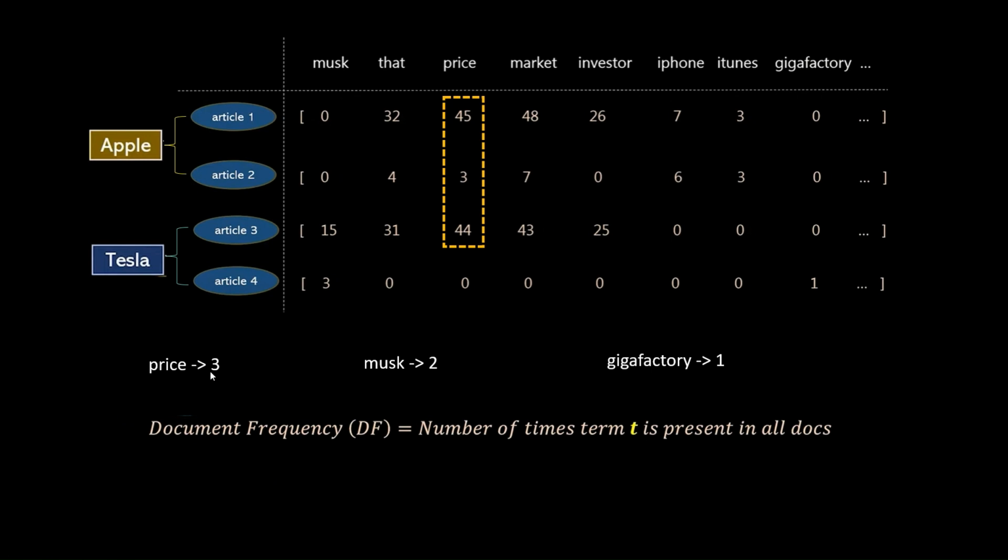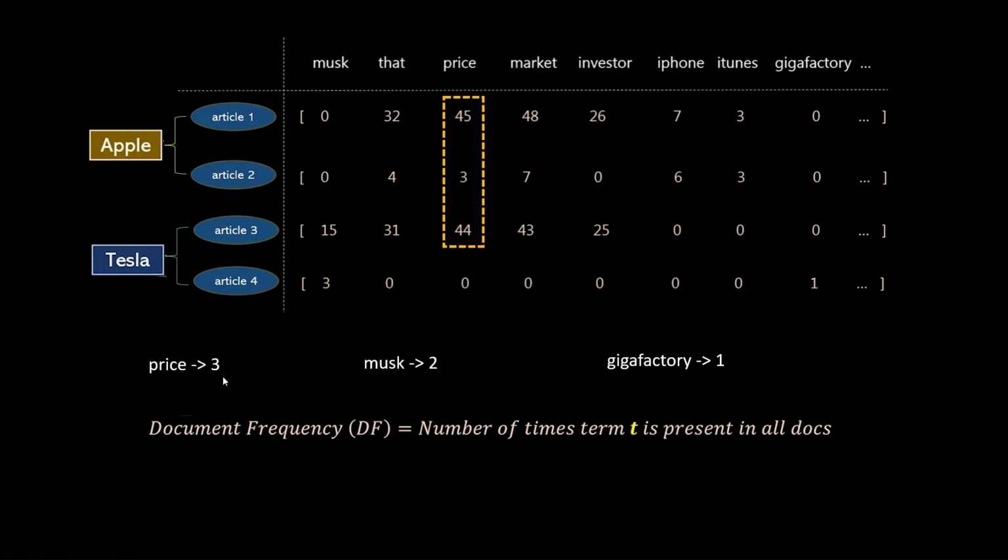That is the task. Because the count of price is high, we have to lower its influence. If the count is low, we have to increase its influence across all the documents. So Musk and gigafactory are the terms with the low count. These will be given high priority, and price will be reduced.